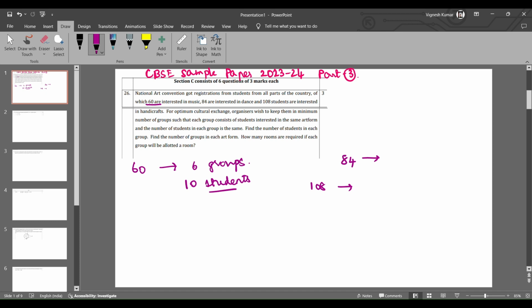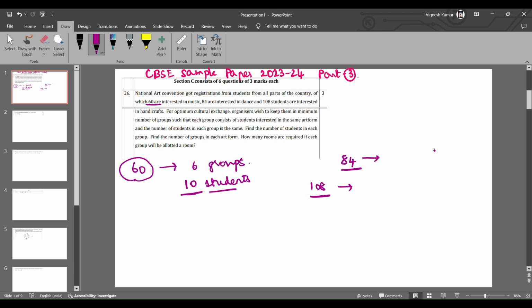So we need to divide the students from each interest into groups containing the same number of students, which is divisible by all three numbers. So if I divide into groups of a certain number of students, see, this 10 is divisible by 60. But since this 10 was not divisible by 84 and 108, we can't divide these students into groups containing 10 students.